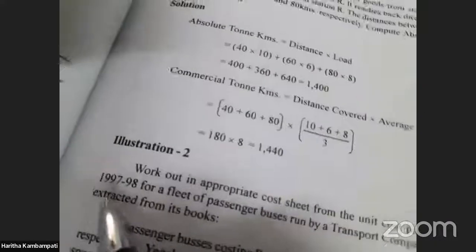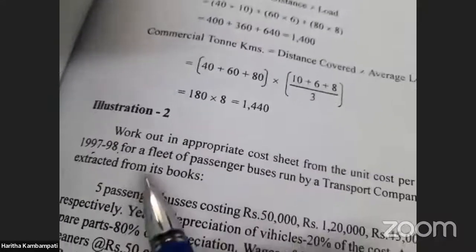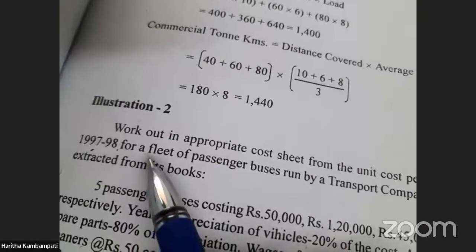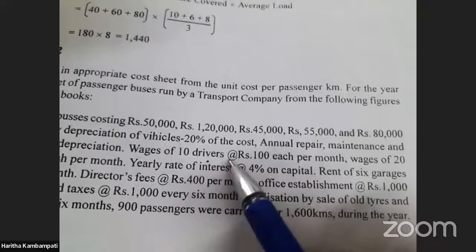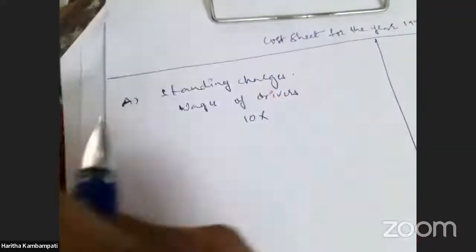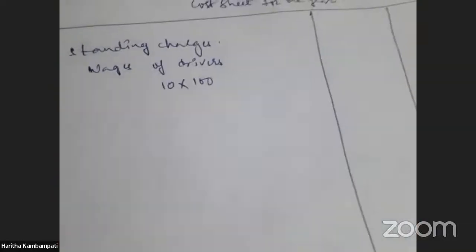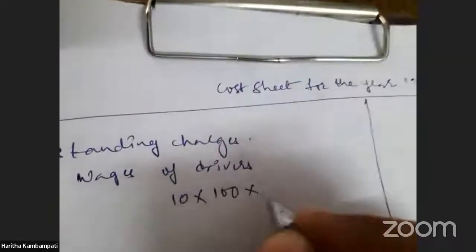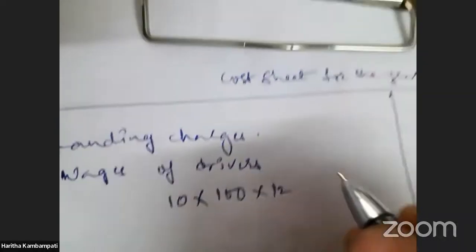They have given the data for 97 to 98, means for the whole year. Wages of drivers, 10 drivers are required. For each driver 100 rupees per month. Per year we are calculating, means that should be multiplied with 12.